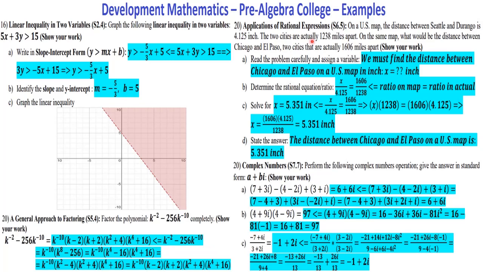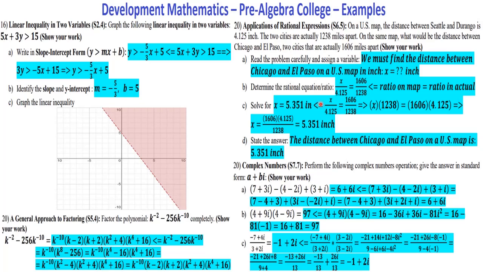Okay. Here I have an application of a rational expression. On a US map, the distance between these two cities is 4.125 inches. The other two cities are actually this far apart, 1238.